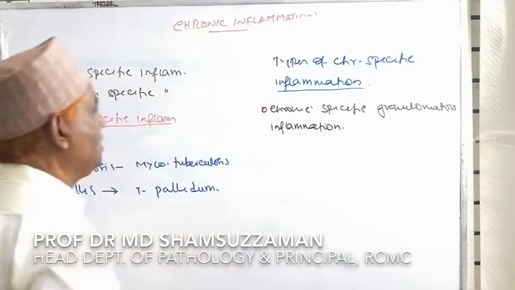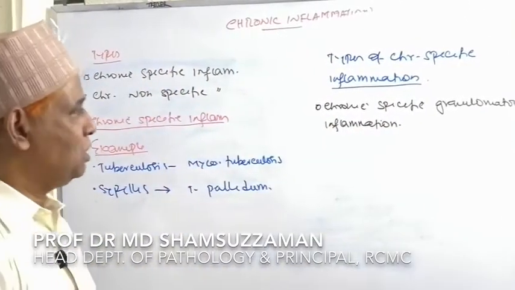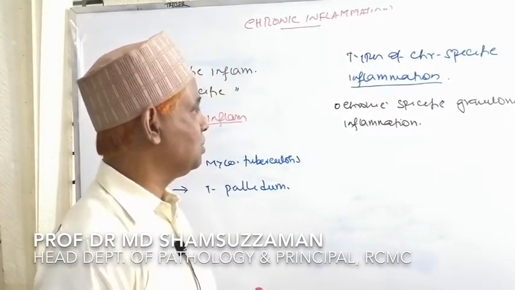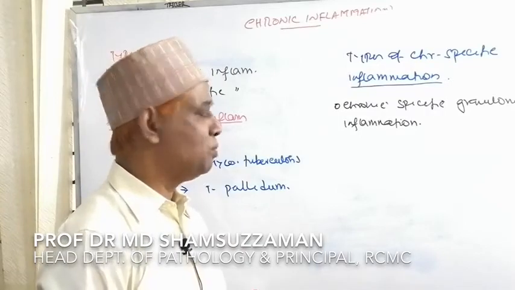So the chronic specific inflammation where we get granuloma formation is called chronic specific granulomatous inflammation.